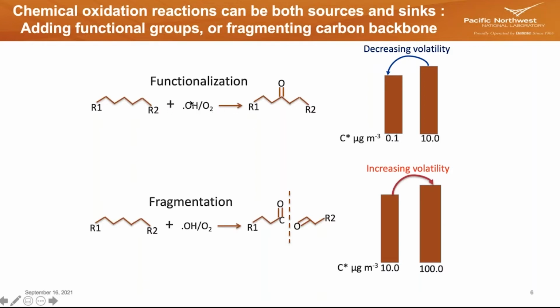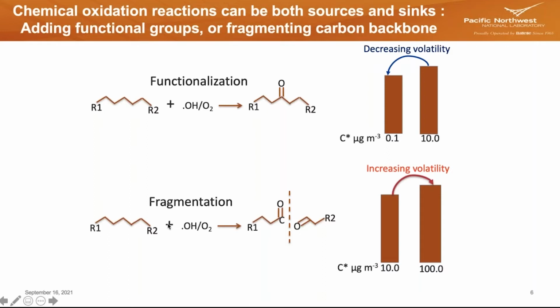We are adding functional groups to the carbon chain, so the molecule becomes more functionalized, heavier, and its volatility can decrease. And when the volatility decreases, then that molecule which was in the gas phase can much more easily condense to the particle phase. So functionalization can act as a key chemical source of SOA.